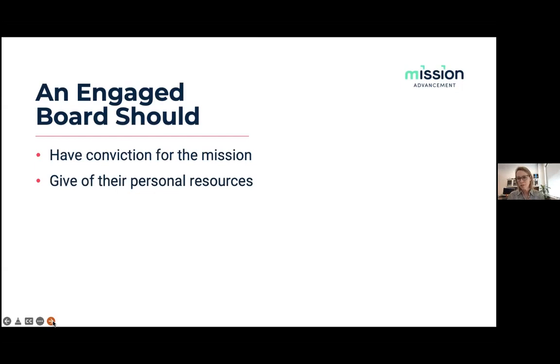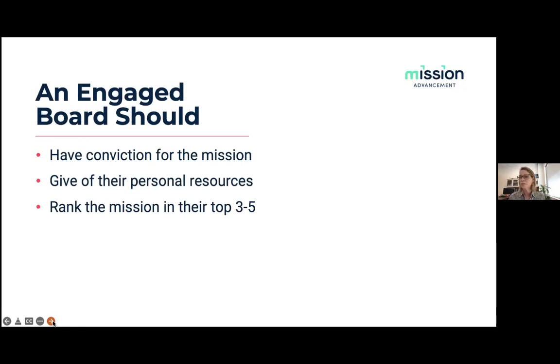So this is a much larger conversation. I'm happy to go deeper with those of you that may disagree with that, but from our perspective, this is a non-starter. And they still can certainly help get other resources, and that's great, but that shouldn't substitute for their own personal philanthropy at the appropriate level, even if it's relatively small.